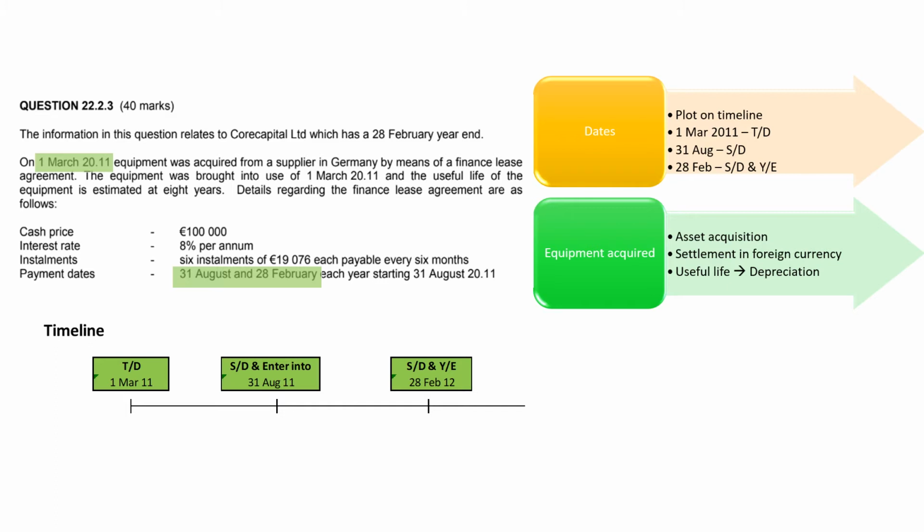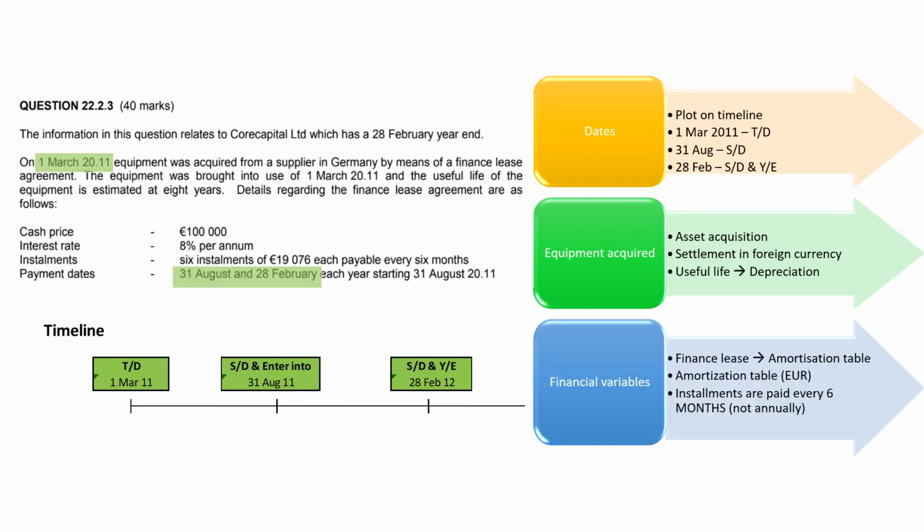A useful life of 8 years was given should you need to calculate depreciation. And in terms of other important variables, bear in mind that this is a finance lease. So you will need to compute an amortization table. And remember that your amortization table will need to be in euros.